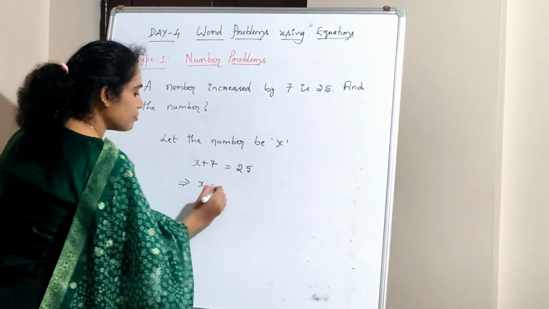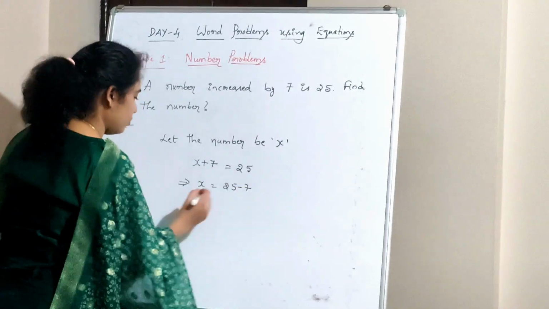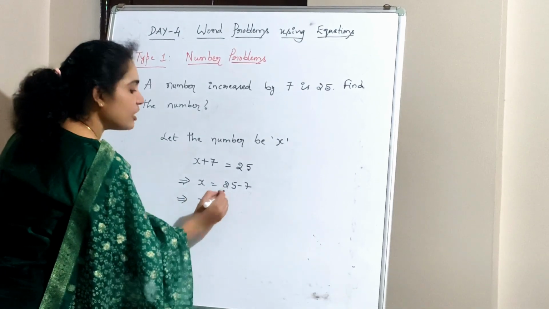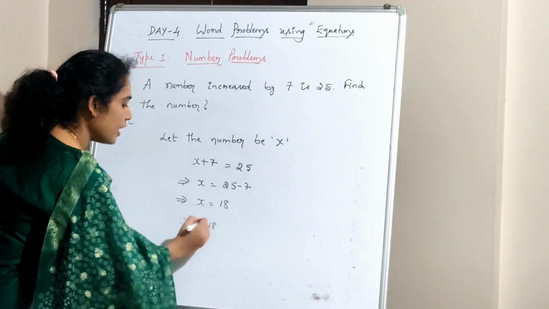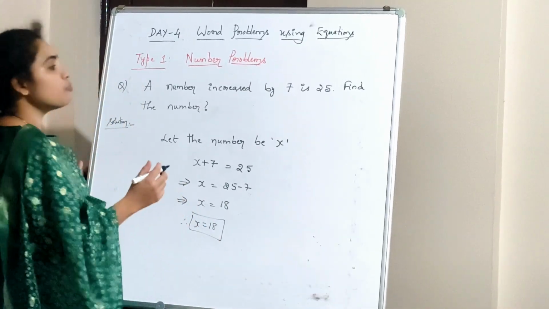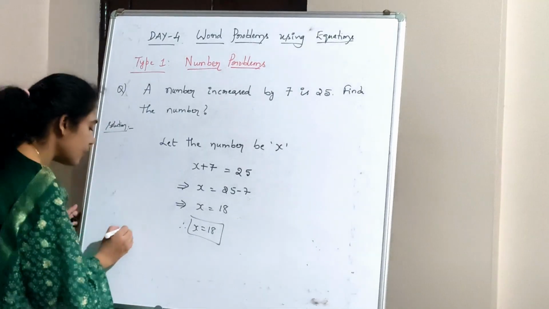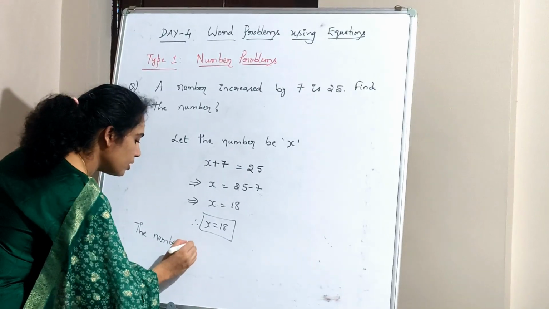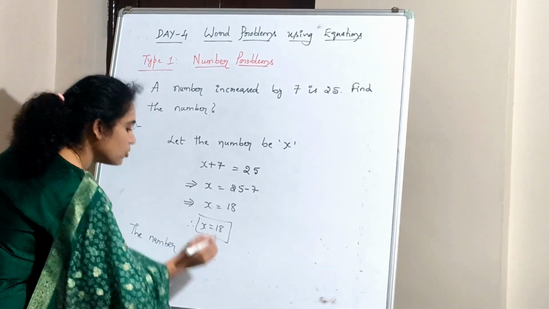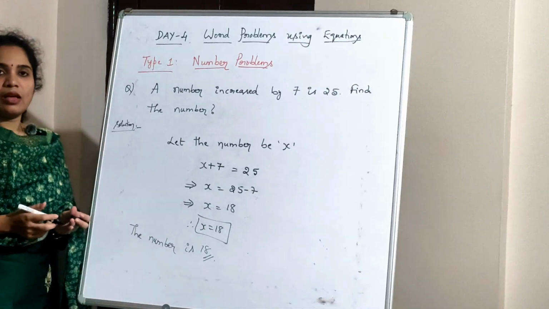This plus 7 becomes minus 7. So 25 minus 7 is 18. So therefore x equal to 18. So in word problems, write down the solution as: the number is 18. So this is the answer.